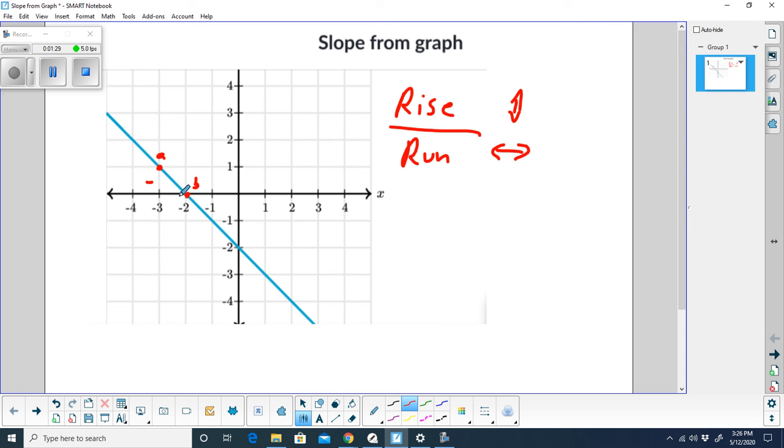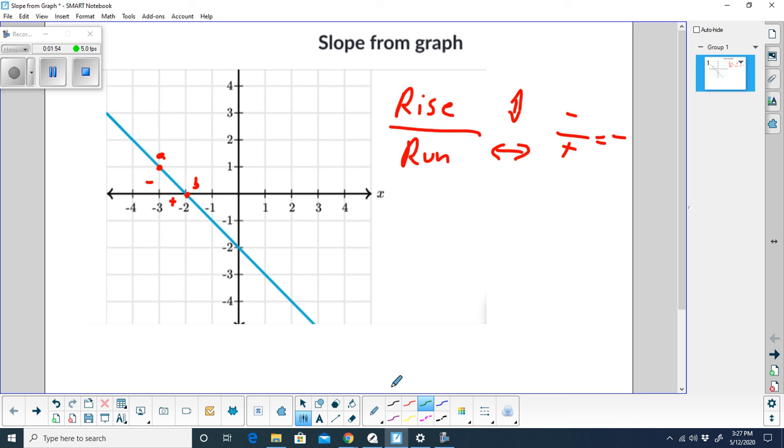So to the right on a number line is positive. So whether I go down first and then to the right next, I get a negative in my rise and a positive in my run. Well, a negative divided by a positive gives me a negative slope, right?